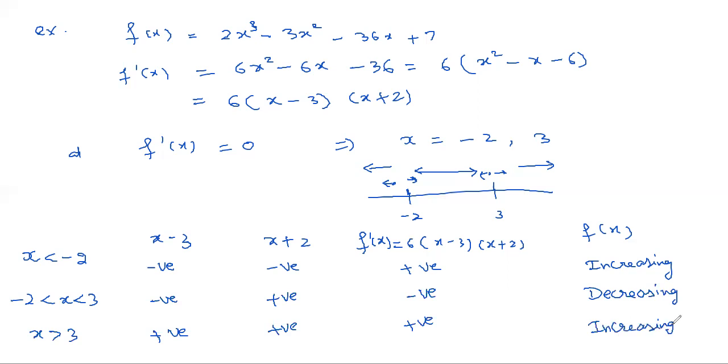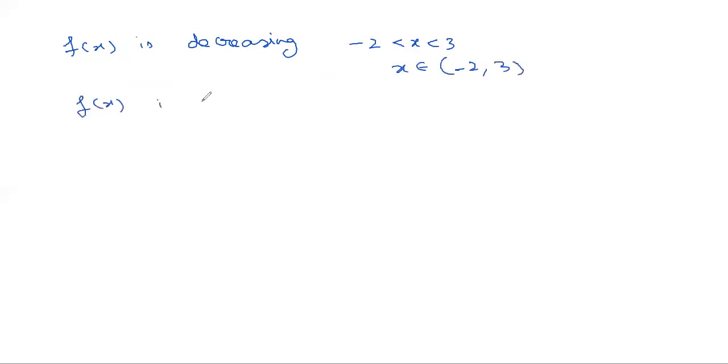Now, we can say that f(x) is decreasing in the interval minus 2 to 3, or when x belongs to the open interval minus 2 to 3. f(x) is increasing in the rest of the real interval, that is when x is less than minus 2 and x is greater than 3.